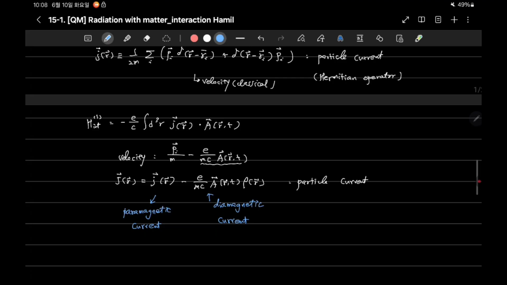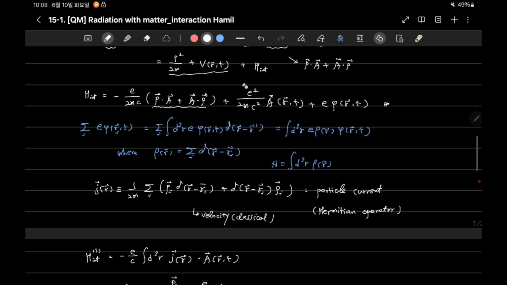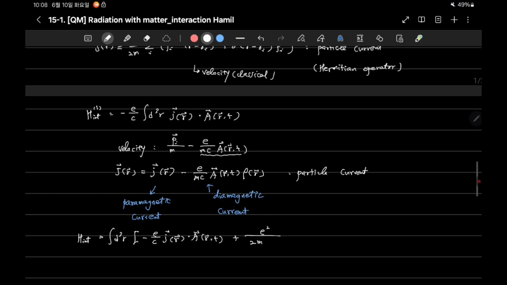So by defining this concept, the overall interacting Hamiltonian is the volume integration of minus E over C, J dot JR dot A RT, coming from the interacting Hamiltonian, plus E square over 2mc square rho r and A square rt, plus e phi rt and rho.